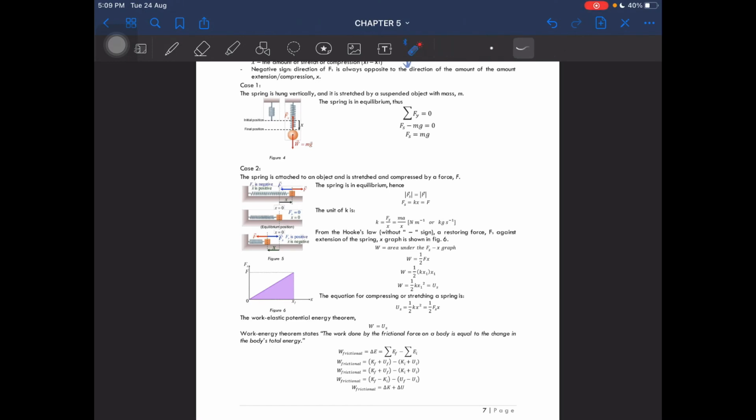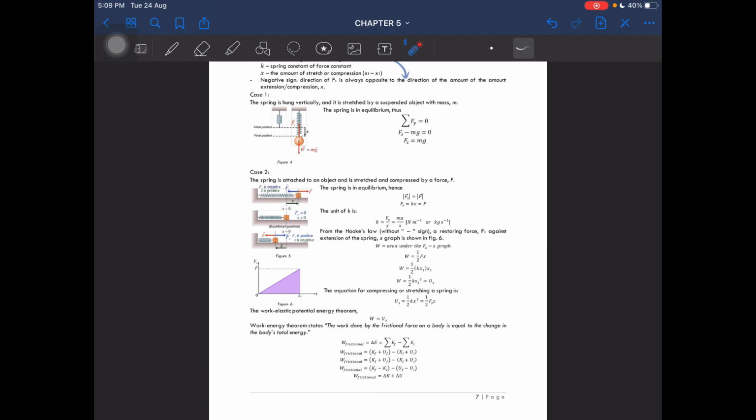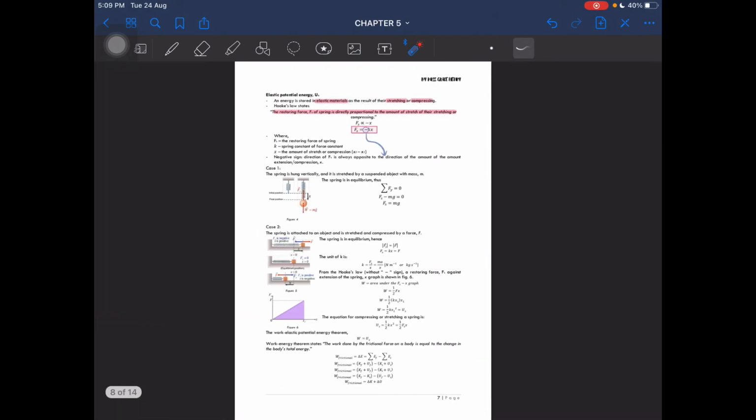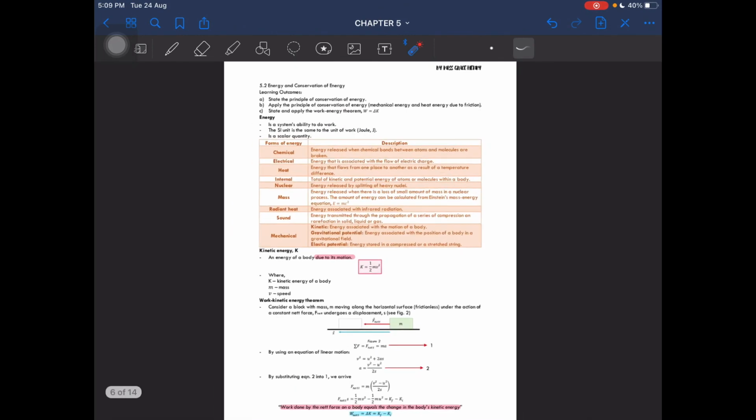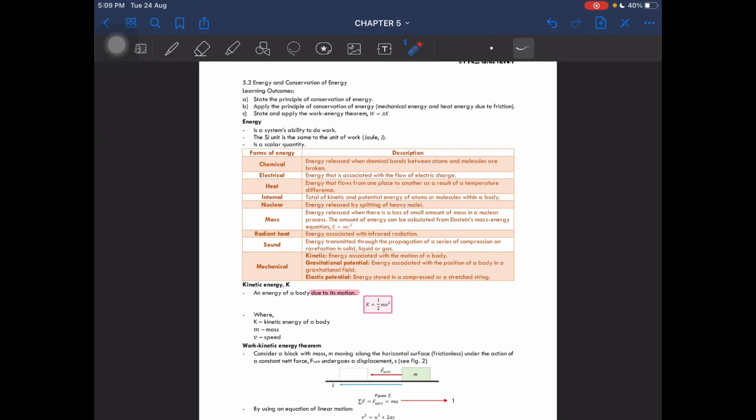Just have a read through this, and in case we bump into questions that ask about elastic potential energy, you can go back to this part here. Have a read through it. So that is basically subtopic energy and conservation of energy.